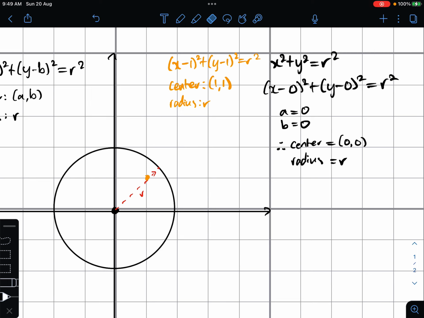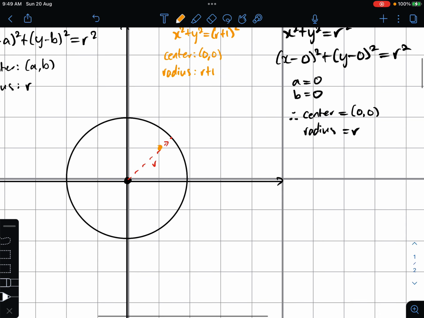And another way of doing this is actually by changing the radius size. So if we, instead of doing that, we do x squared plus y squared equals (r plus 1) squared, then our center will once again be (0, 0), but our radius will be r plus 1, right?